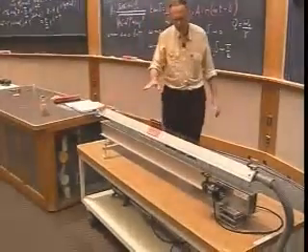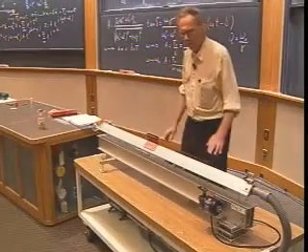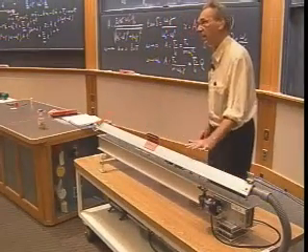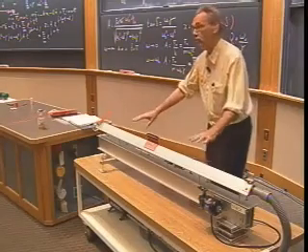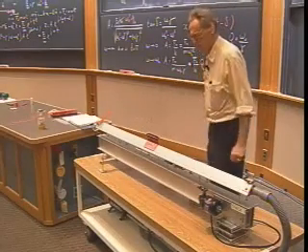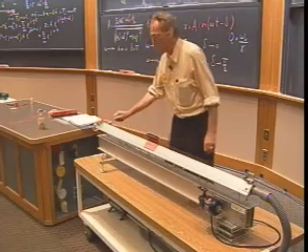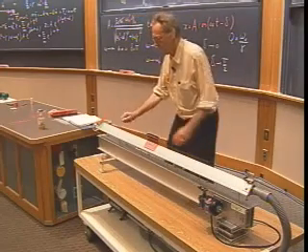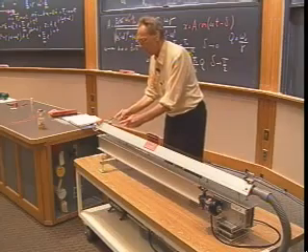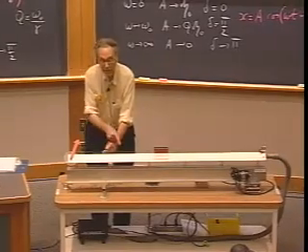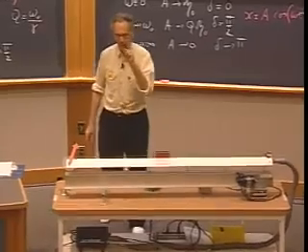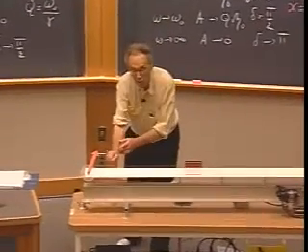I have a spring here with spring constant K, and I have another spring here with spring constant K. They both have spring constant K. And now I'm going to drive this here at extremely low frequency over a distance eta 0 at maximum. Eta 0 cosine omega t.